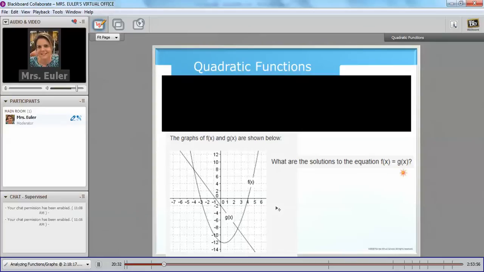When you're looking at the graph, you should recognize that they're going to equal each other wherever they intersect. They're going to have the exact same ordered pairs in those 2 positions. And so we're going to look to see where those are. This first one looks like it's at -4 and up 8. So -4, 8.